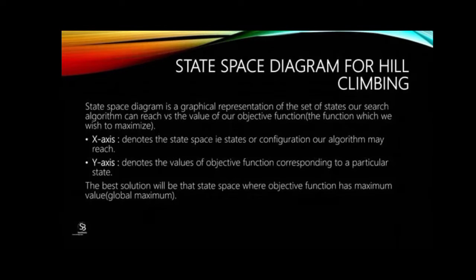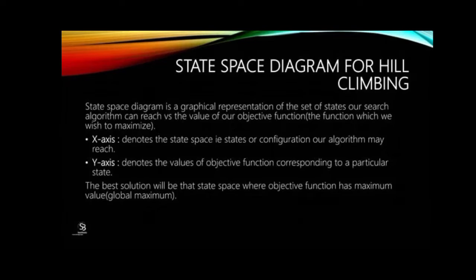State space diagram for hill climbing. A state space diagram is a graphical representation of the set of states our search algorithm can reach versus the value of our objective function. There are two axes, the x-axis and the y-axis. The x-axis denotes the state space, that is, the states or configurations our algorithm may reach, and the y-axis denotes the value of the objective function corresponding to a particular state.